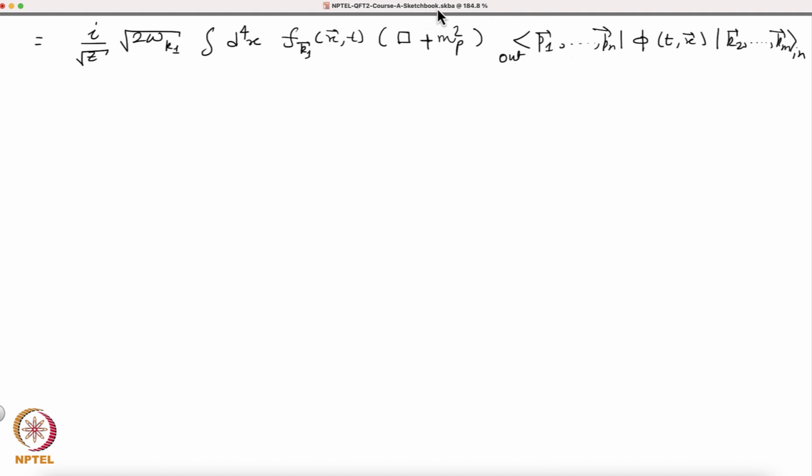Okay, so before I proceed, I will just do one thing. Instead of calling d4x and t and x, I will change the labels, change the names. These are dummy anyway, right? These are integrated over, so I can choose whatever name I wish. Instead of t and x, I will call t1 and x1, and it will be useful to keep track of what we are doing.